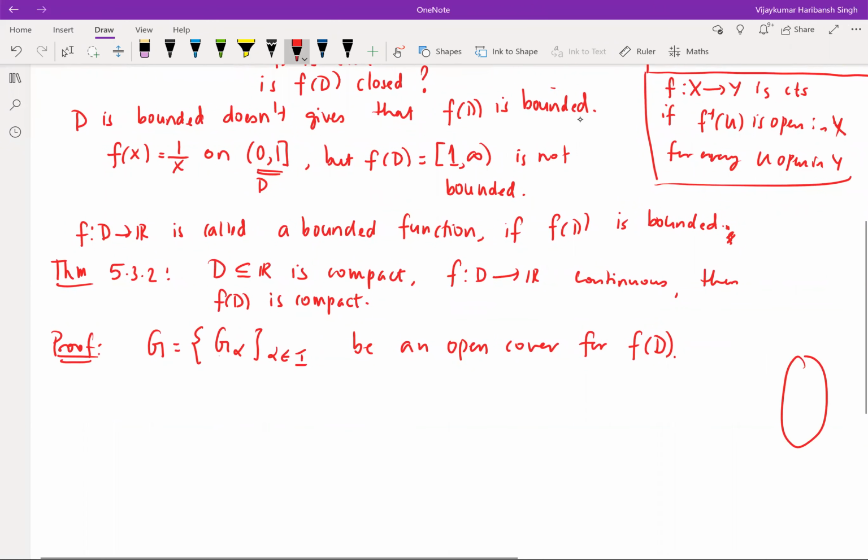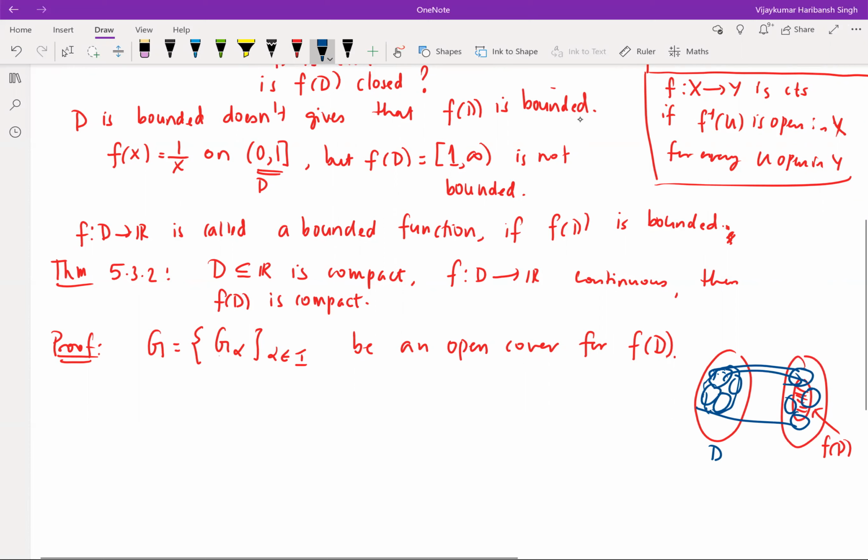You have f of D here. You pull back, so you have open covers, infinitely many of them. I cannot draw them, but you pull them back here to your D. This will form an open cover for D, and since D is compact, there will be finitely many of them covering, and then you send them back.